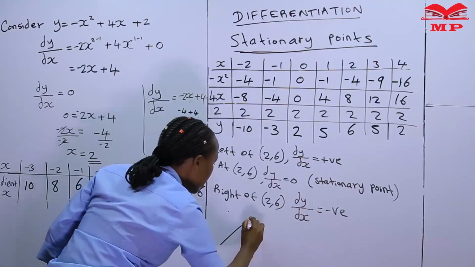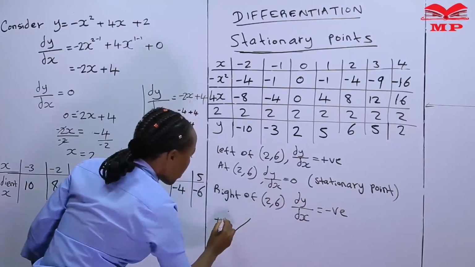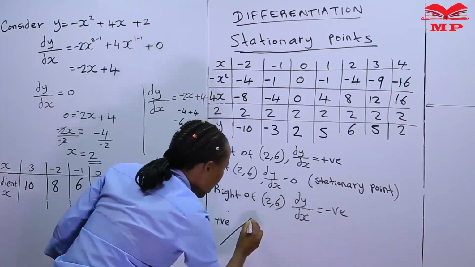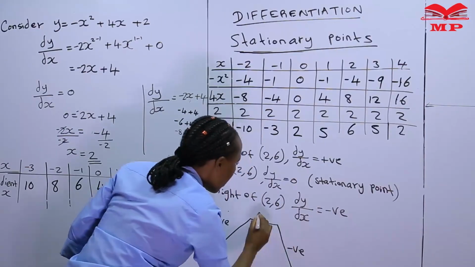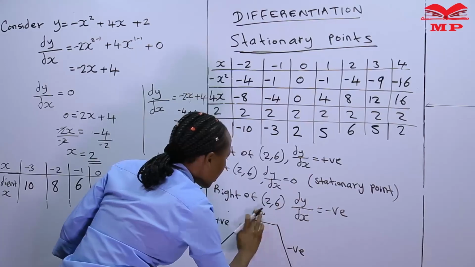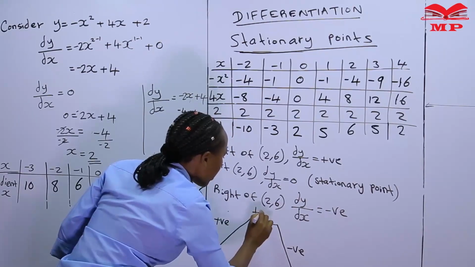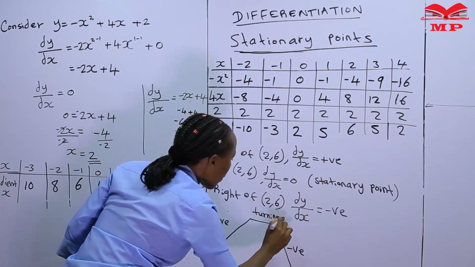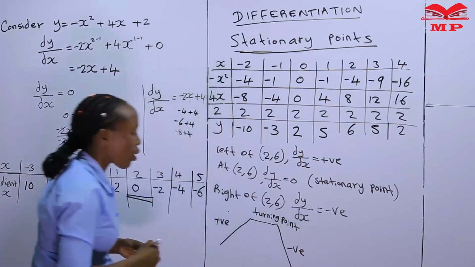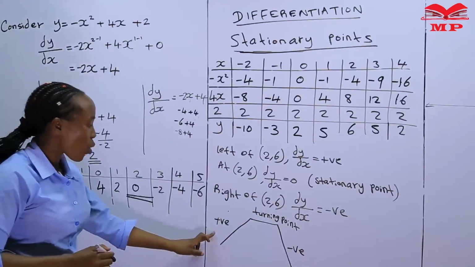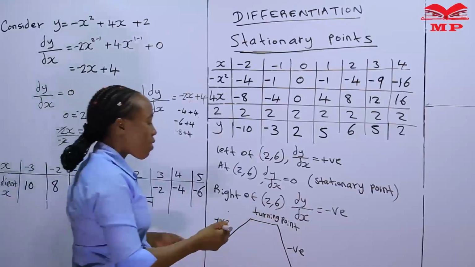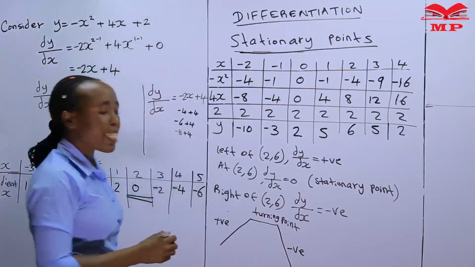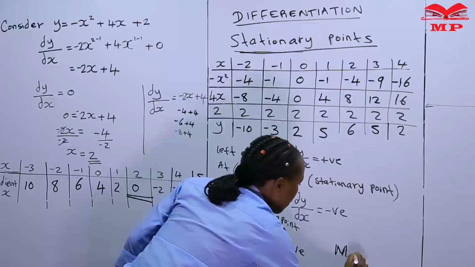So this is positive. Then we have the stationary point. Then we have negative. This is the turning point. And therefore, when we have positive, stationary, and negative, then our turning point is a maximum.